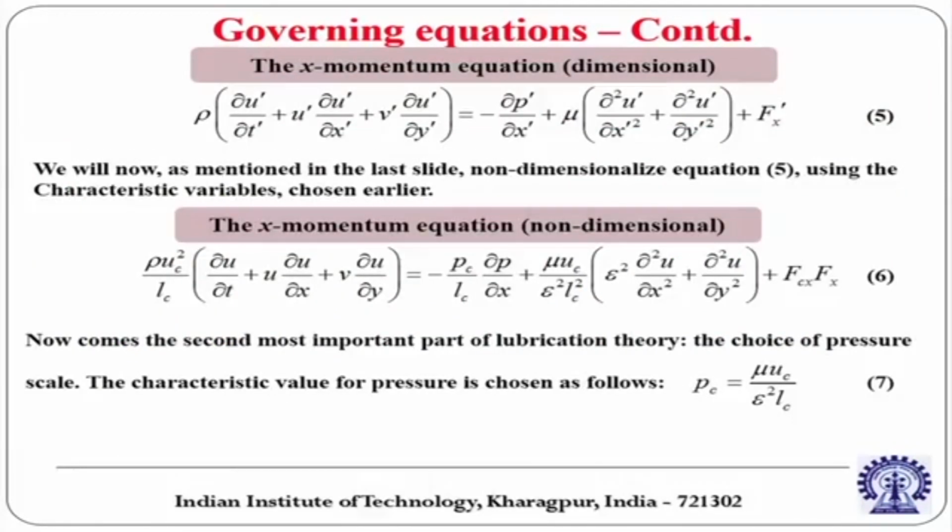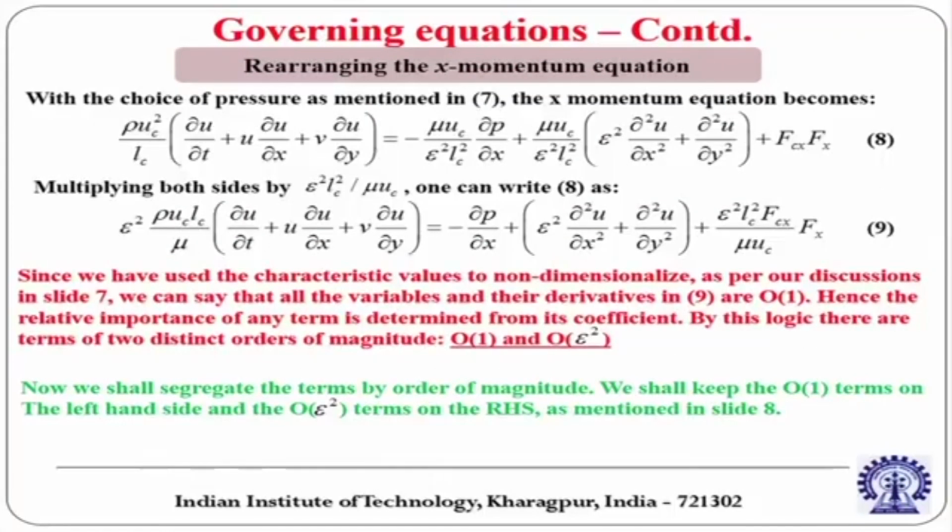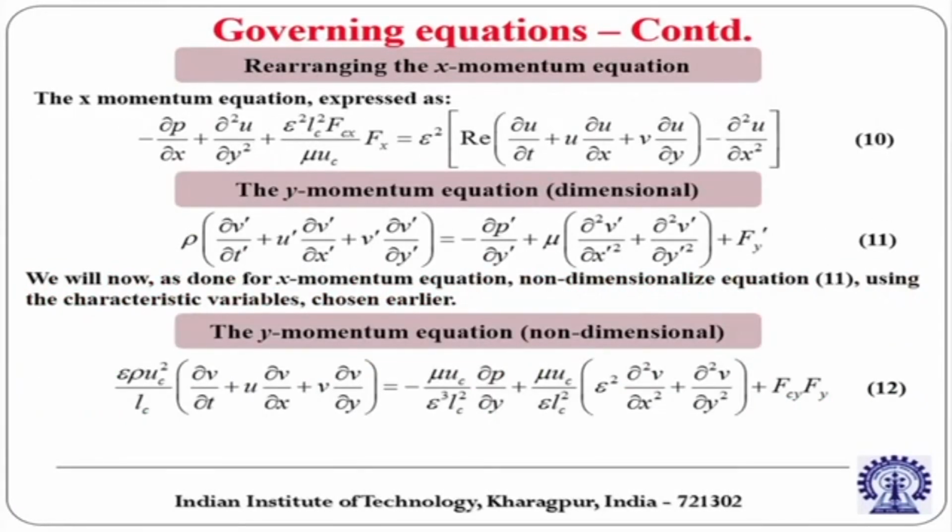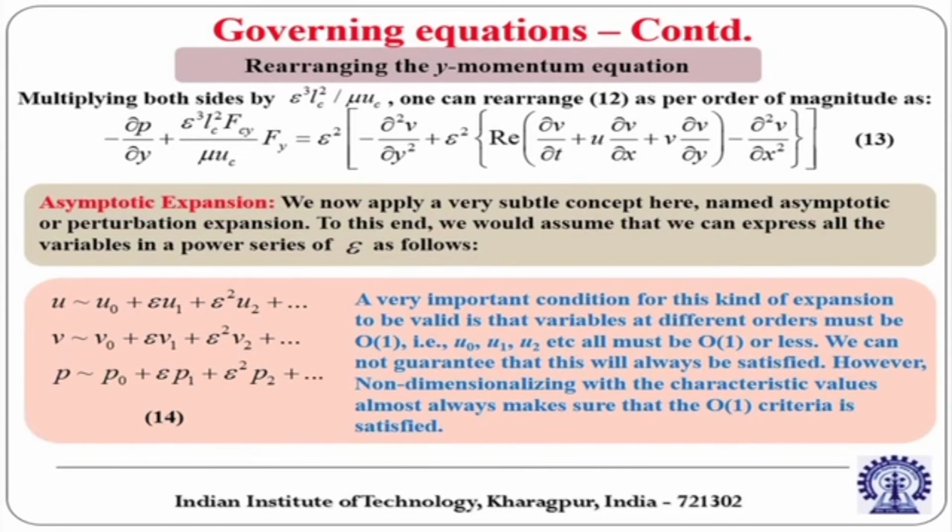The analysis of the x momentum equation gives a choice of the pressure scale, which scales with 1 by epsilon square. Then we can rearrange the x momentum equation, and the various terms are shown here, and similarly we can do analogous work for the y momentum equation, and then we can use an asymptotic expansion.